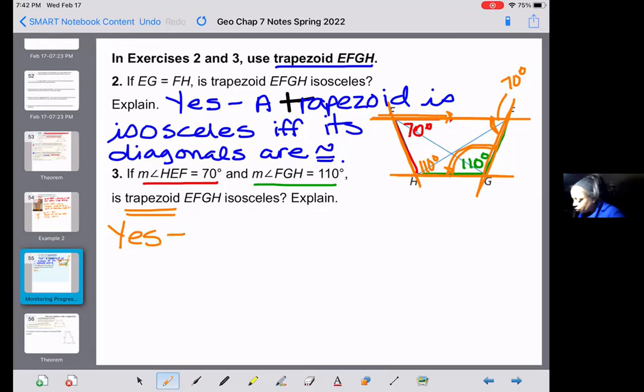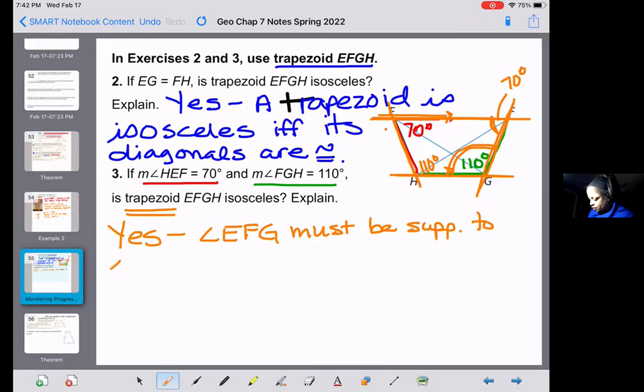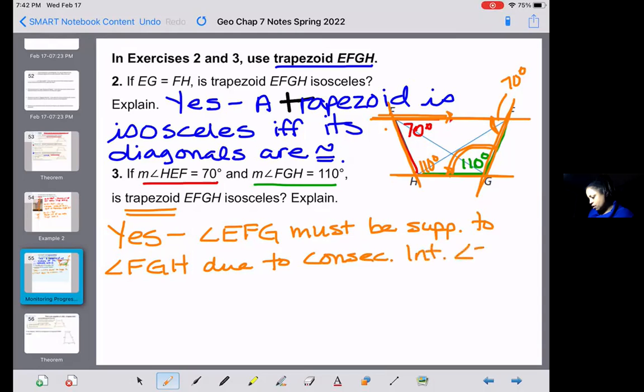All right, so I just wrote over it, so it's kind of hard. So that's an F, no, that's an EFG. Okay, EFG. So angle EFG must be supplementary to angle FGH due to the consecutive interior angles theorem that goes back to chapter 3.